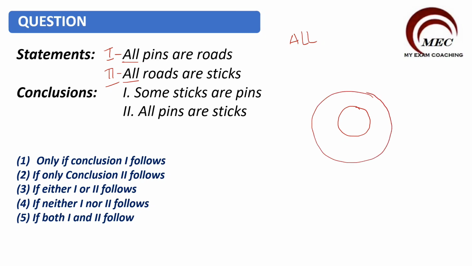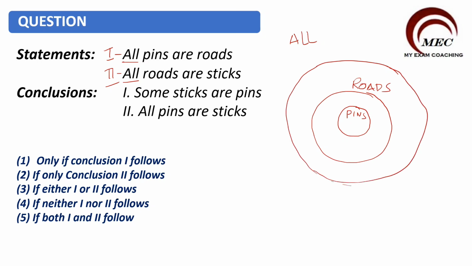All pins are roads. Now the second is all roads are sticks. All roads come under sticks. So we have drawn the Venn diagram.